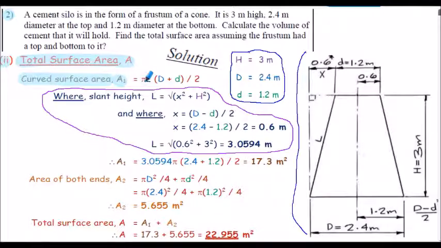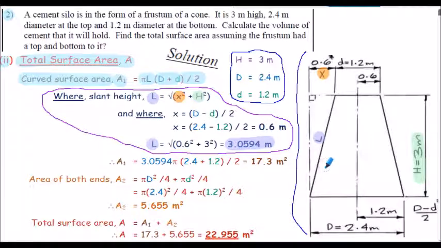It's pi L multiplied by, in brackets, the large diameter added to the small diameter, all divided by 2. We need to calculate the slant length L here. So L is calculated from Pythagoras' theorem, shown here. Notice that the x dimension is this dimension here, calculated from the geometry. And of course h is the height, which we're given in the question. So evaluating the slant length or slant height, that's 3.0594 meters.